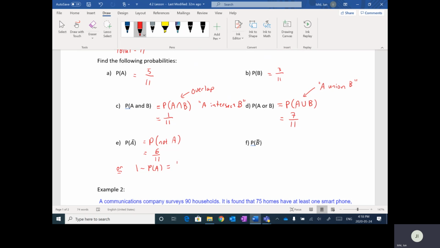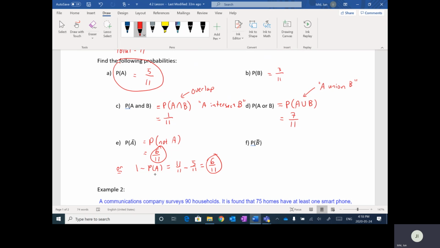So that would be the same as 11 over 11 minus, and then up here, the probability of A happening is 5 out of 11. So if I subtract those fractions, I get 6 out of 11, right? Which is the same as when we just counted them all. So this is the probability of A not happening.